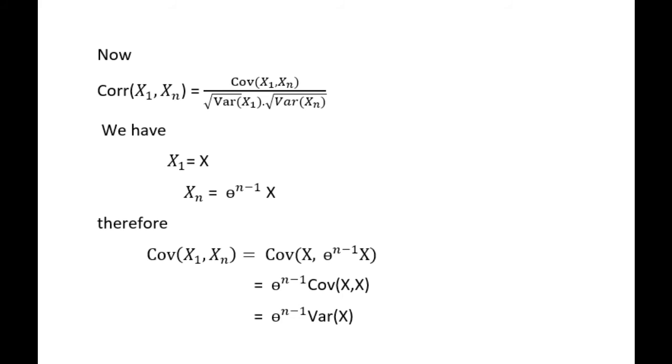We have x1 equal to x, xn equal to theta to the power n minus 1 into x. Therefore, covariance between x1 and xn equal to covariance between x and theta to the power n minus 1 into x, which is equal to theta to the power n minus 1 into covariance of x comma x, which is equal to theta to the power n minus 1 into variance of x.